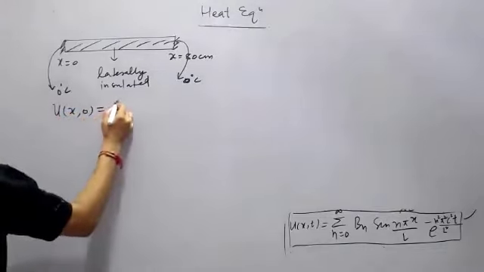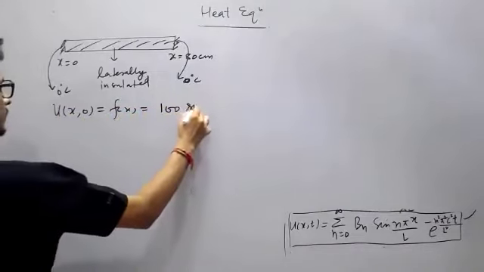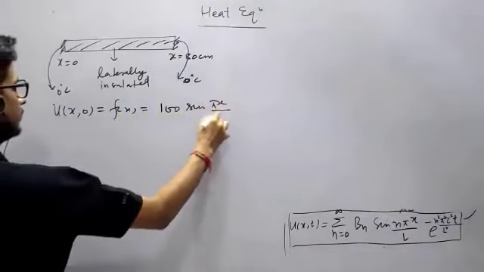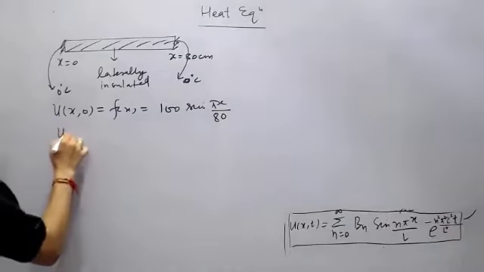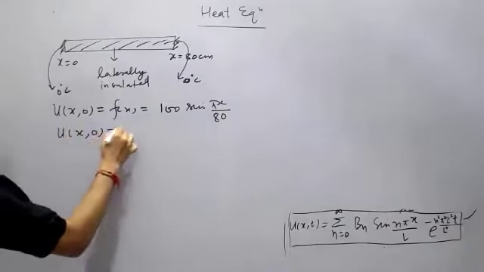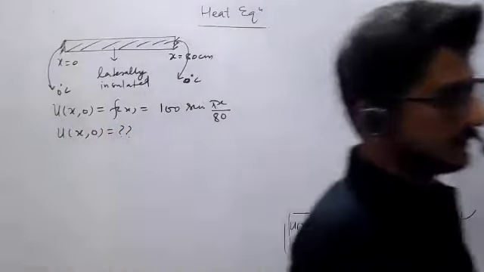That means f(x) is given: 100 sine of pi x by 80. And we have to find out the value of u(x, 0). That is the question mark. So let us try to solve this.